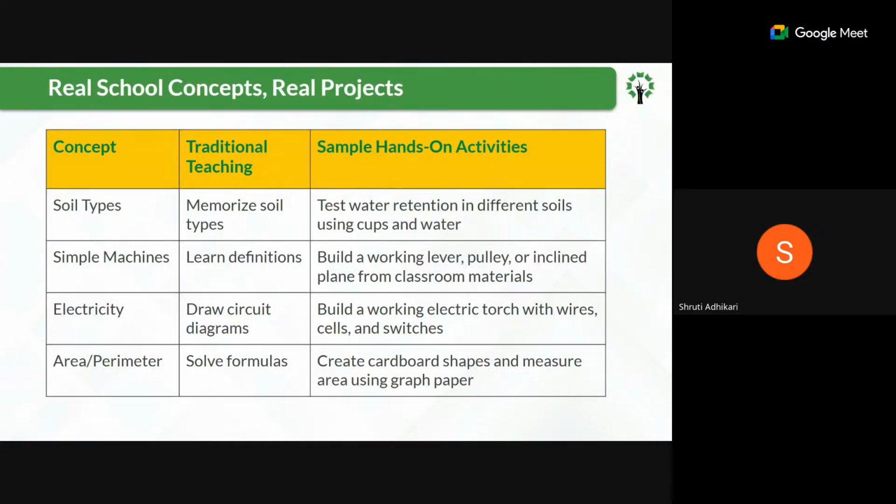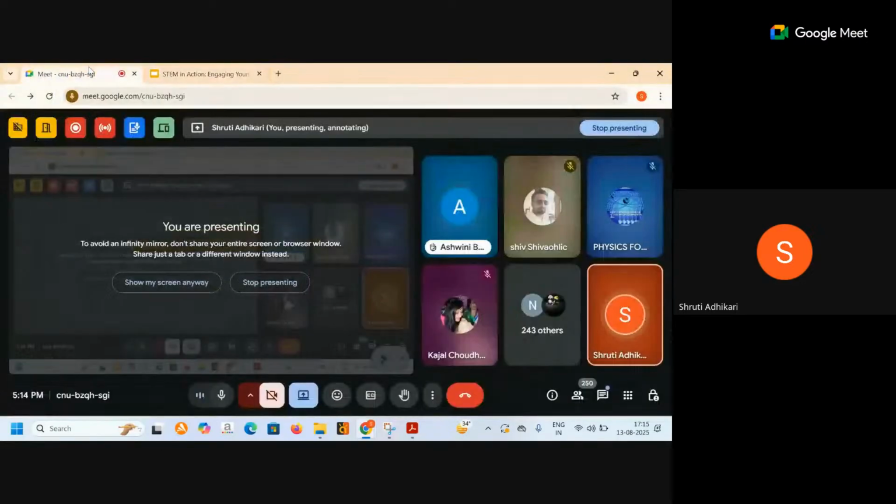Now, as we all know, we're teaching a lot of concepts to the students, right? And most of us will be conducting a lot of project-based activities with the students. All of you are conducting project-based activities with the students, right? That was just a traditional way of learning, which we had earlier.